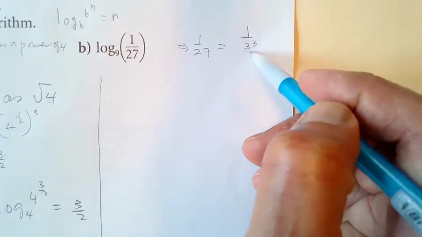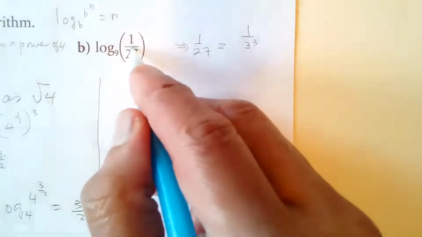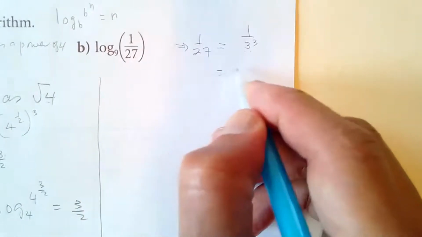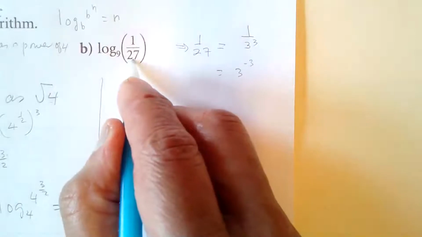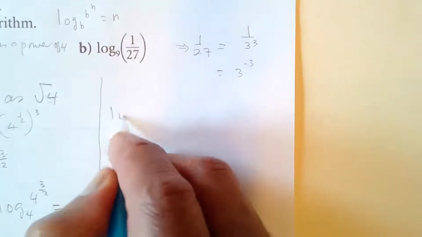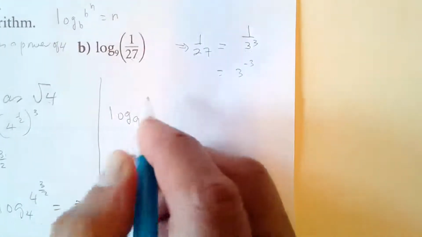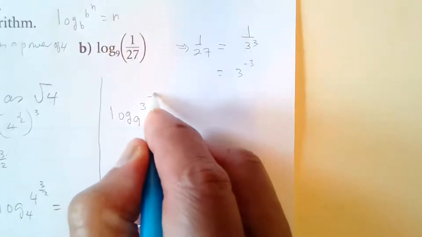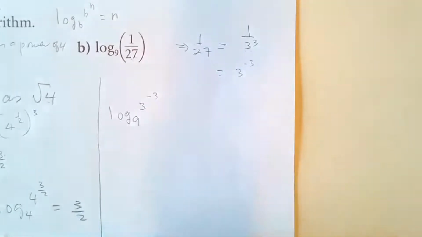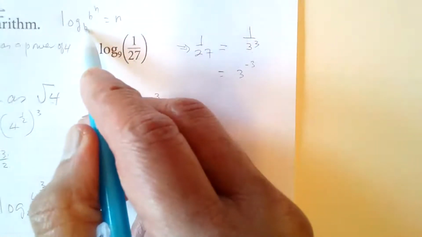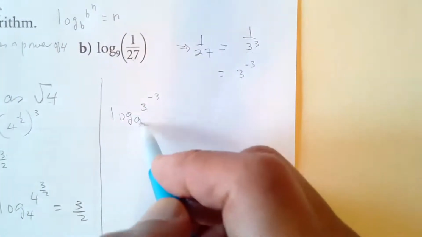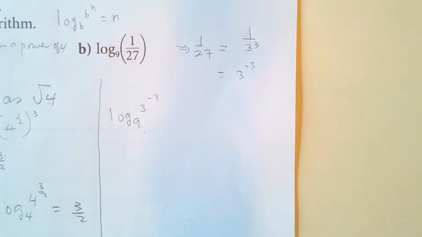Let's work this through. Now, 1 over 27 is equal to 3 to the negative 3. So I'm going to replace 1 over 27. So we have log base 9 of 3 to the negative 3. Now, we need the same base here, because our principle applies. The power has to be the same.